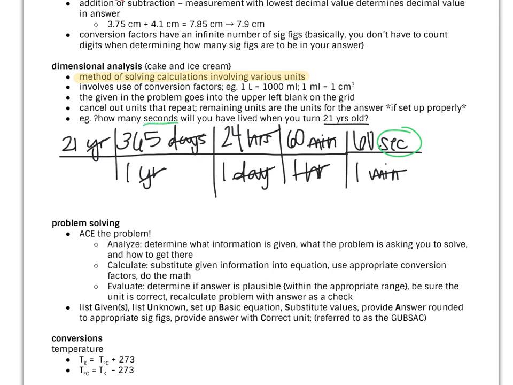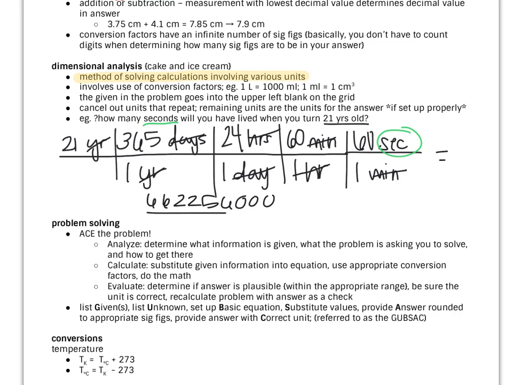Hooray. And now, to figure it out, the easiest way to do it is multiply everything across the top and everything across the bottom and divide. So if we do that, and we go down here, because I don't have enough room up top, if we multiplied everything across the top, we'd get 662,256,000.